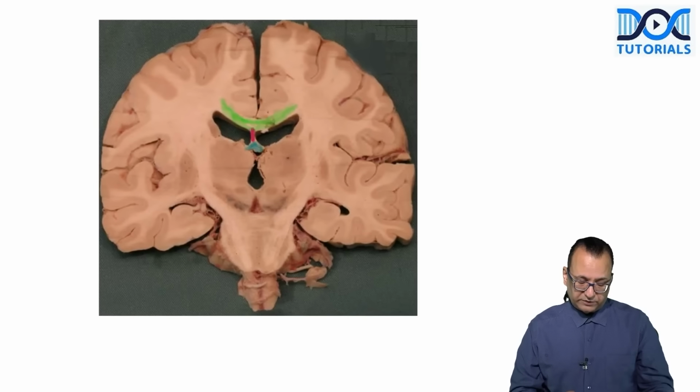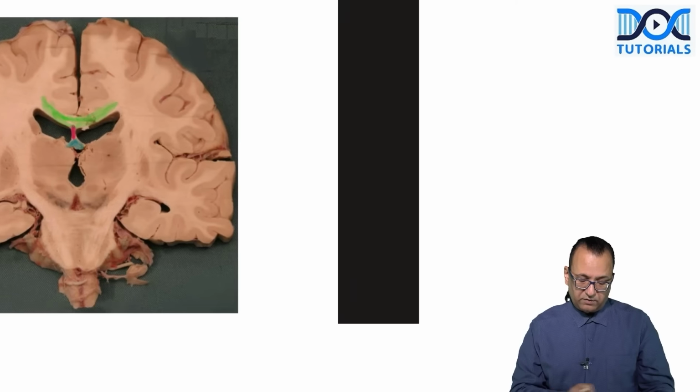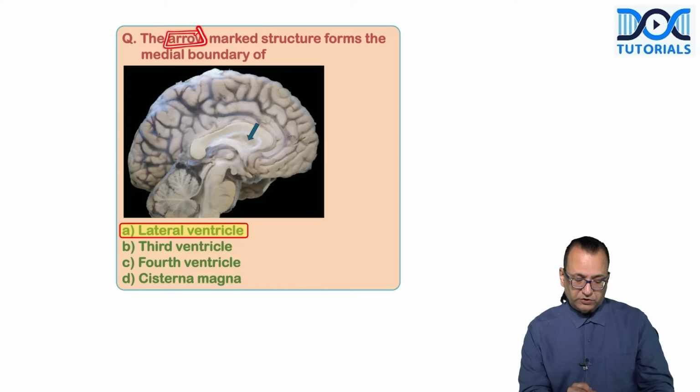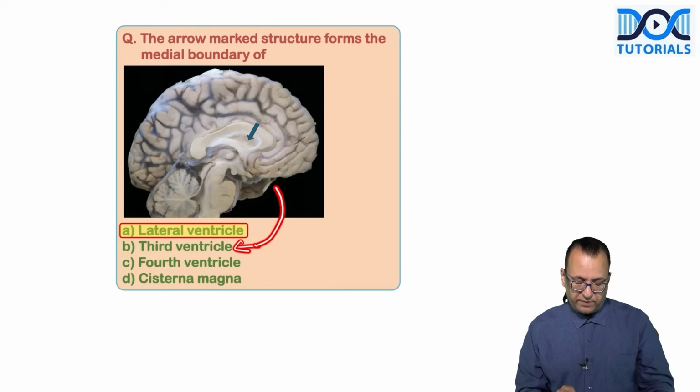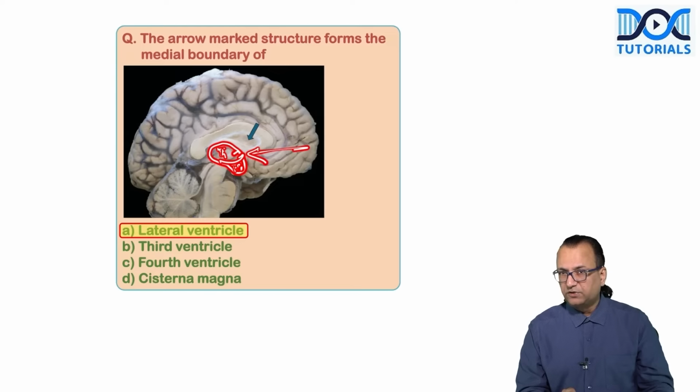With that orientation, you would already have found your answer: the arrow-marked structure here is the septum pellucidum, and they are asking for the medial boundary, so the medial boundary of the lateral ventricle. If you are talking about the third ventricle, it is related here: this is the diencephalon part of the brain. Above that is the thalamus, below that is the hypothalamus, separated by the hypothalamic sulcus. So all that will be the third ventricle.